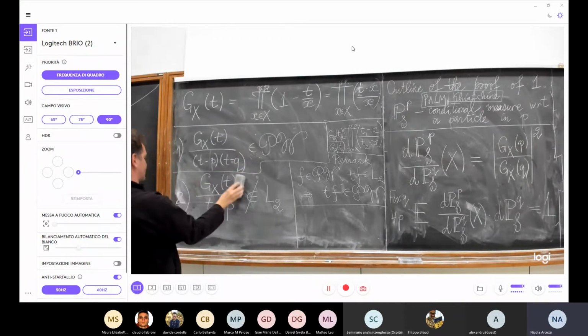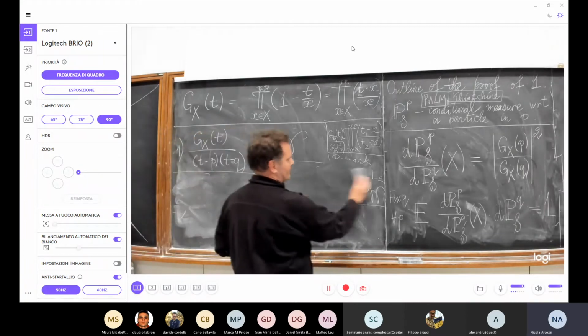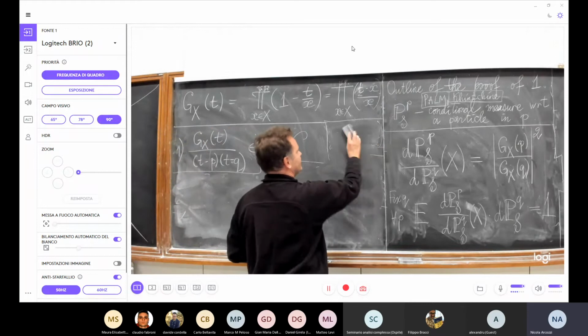So I erase this part, the part 2, because I stay with part 1. So I need to prove part 1, but in fact this space should be enough for me.